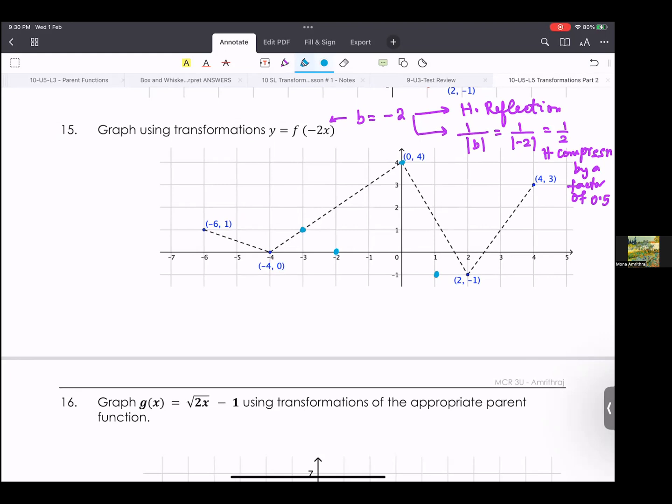And 4, 3 is going to be 2, 3. So that's what happens with the function. This is the function without the horizontal reflection, just the function with only the horizontal compression.